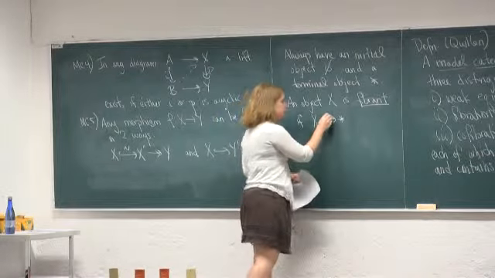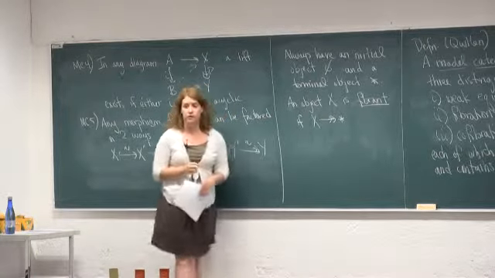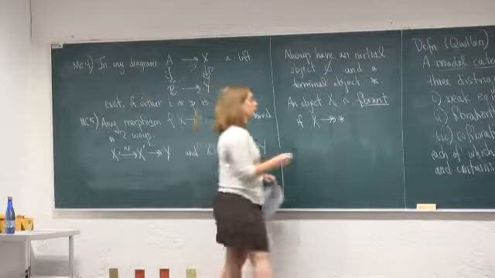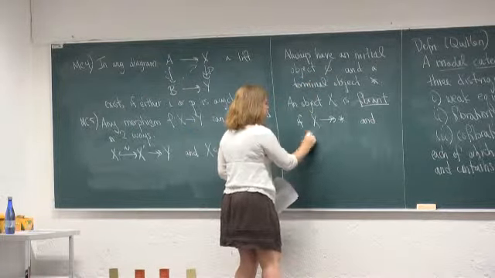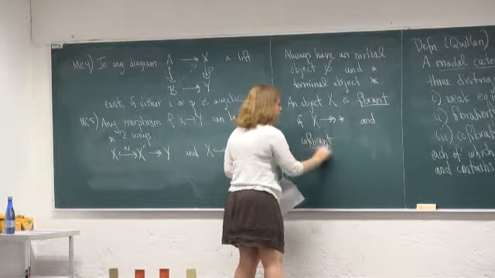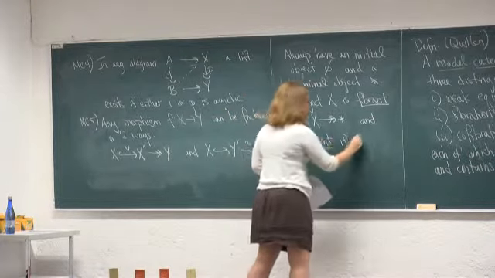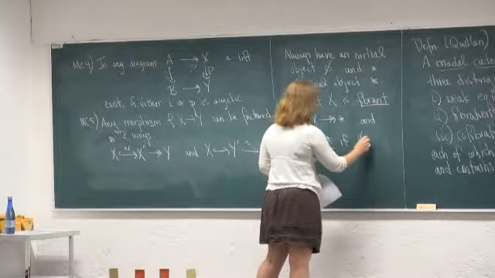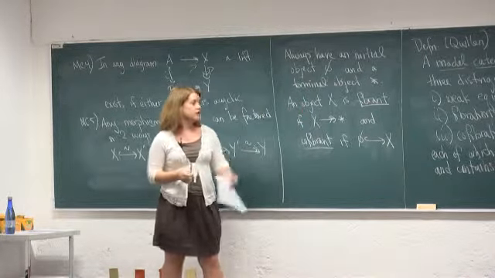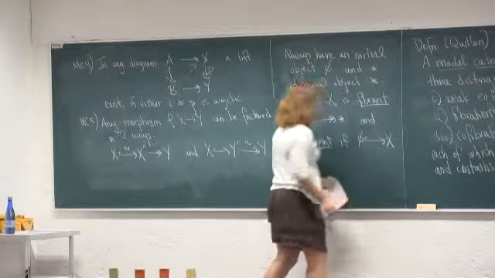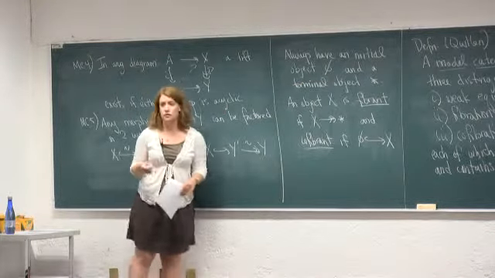We say that X is fibrant if that unique map is a fibration. And it's cofibrant if the dual statement is true. You always have a unique map from the initial object to any object, and if that morphism is a cofibration, then we say X is cofibrant.